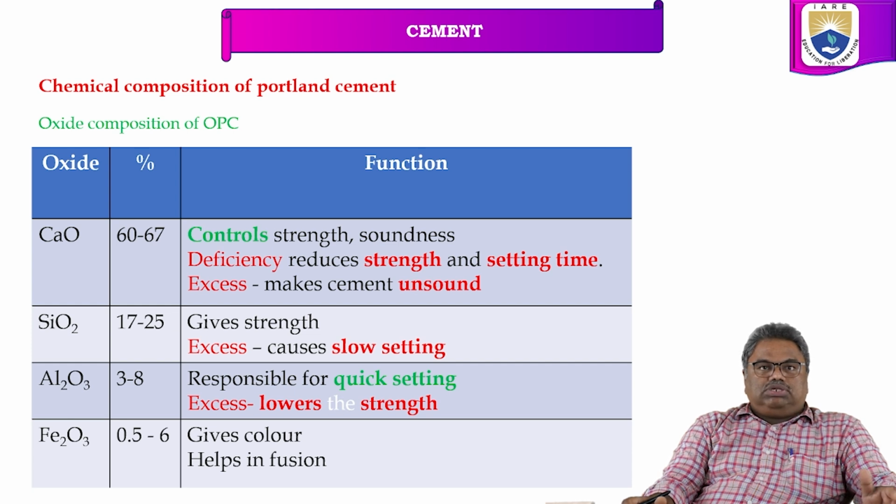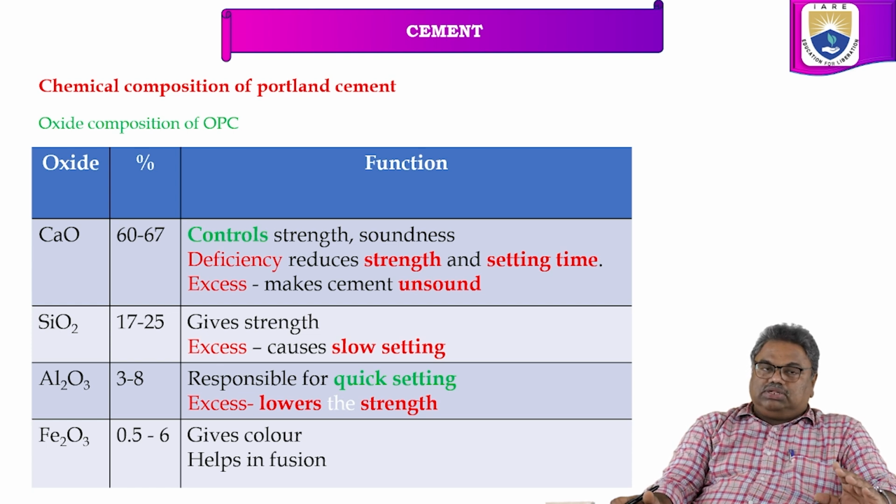CaO in OPC is around 60 to 67%. It controls the strength and soundness. Deficiency of CaO, less than 60%, reduces the strength and setting time.